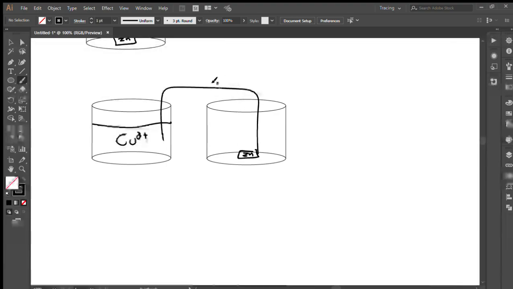You're going to get some electrons flowing from the zinc to the copper. But as those electrons flow, the electrons here are going to start giving this more of a negative charge. So you're going to start to cancel out some of the positive, and quickly that flow of electrons is going to stop. The reaction will not go very far.